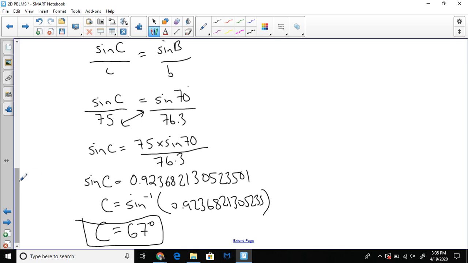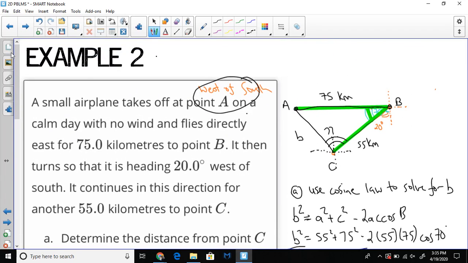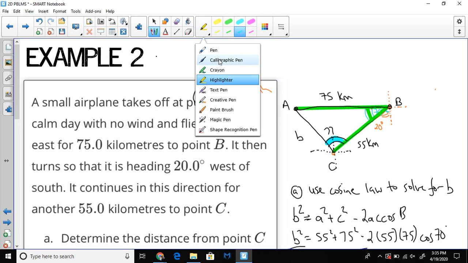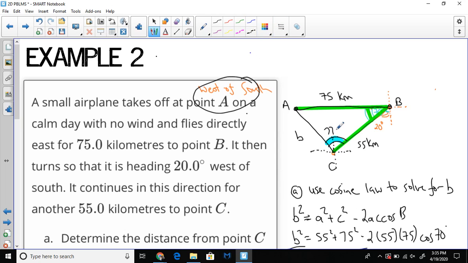So now let's go up to our picture. Let me add some color to this. This angle here, we just found out to be 67.